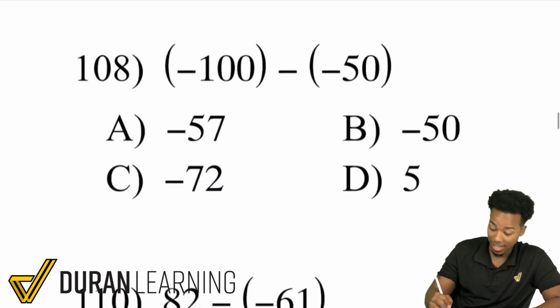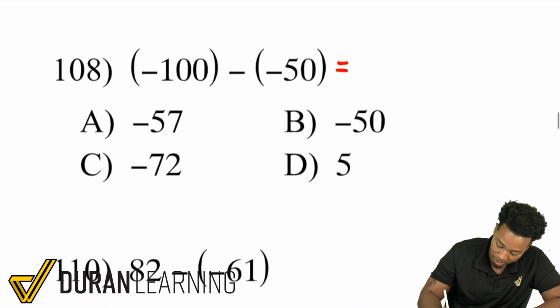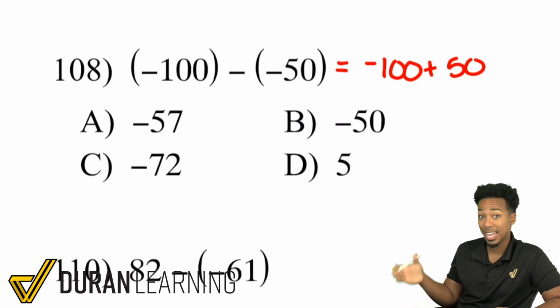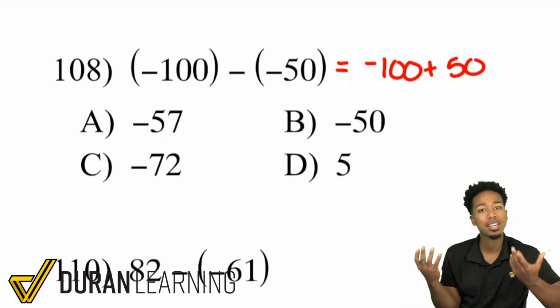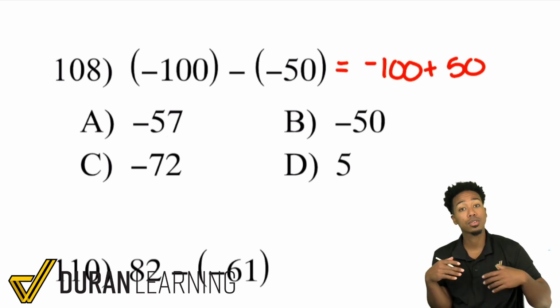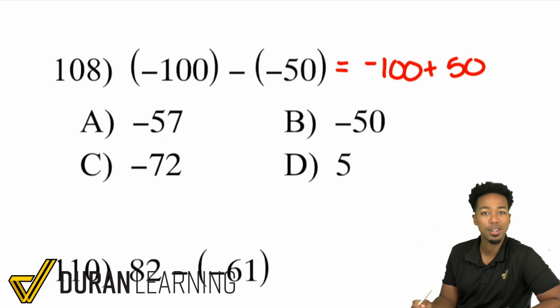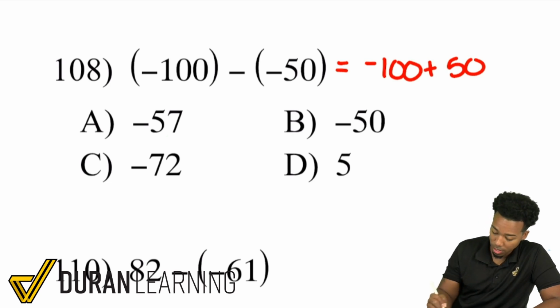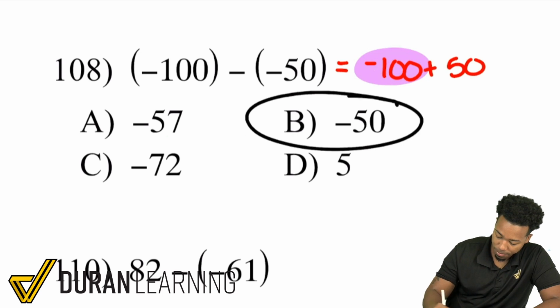Okay, subtracting a negative, in my head automatically, you want to think about that as addition. And so since we have negative 100 plus 50, a negative plus a positive, you're adding opposite signs, so just take the difference and keep the sign of the bigger number. So 100 minus 50 is 50, and the 100 was the bigger number, so it's going to be negative 50.